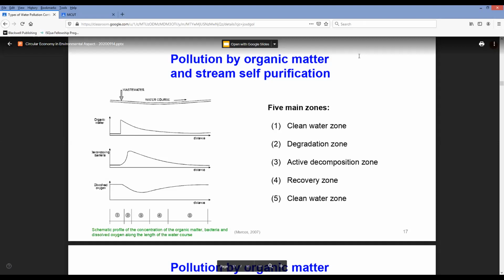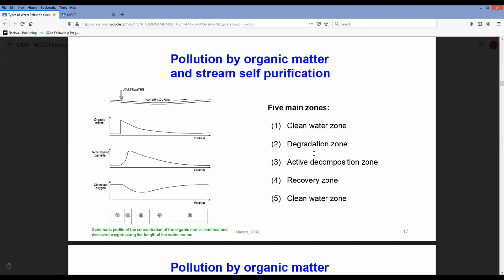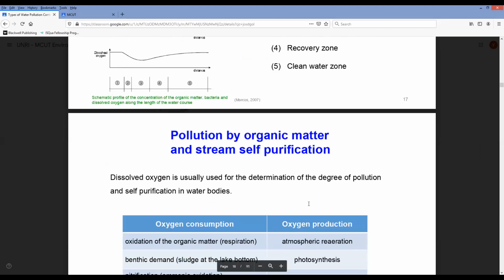As you can see at the bottom of the figure, the first one is called the clean water zone, the second zone is called degradation, the third zone is called active decomposition zone, the fourth part is called recovery, and the fifth is the clean water zone. So basically these 5 zones correspond to the figure on the left. This is just a presentation of these figures. Okay, next please.